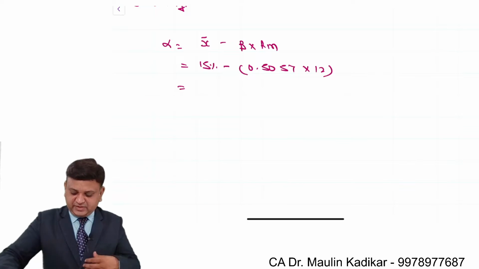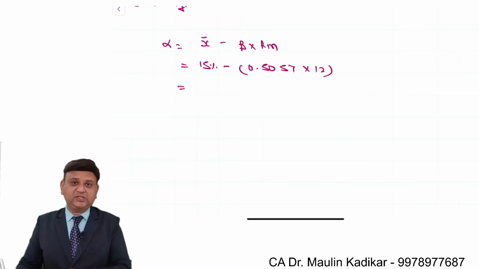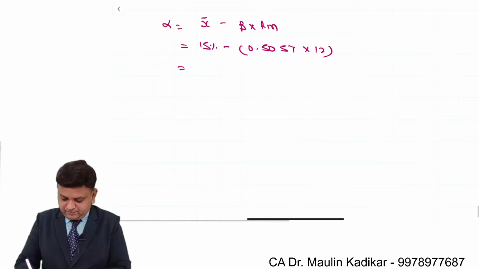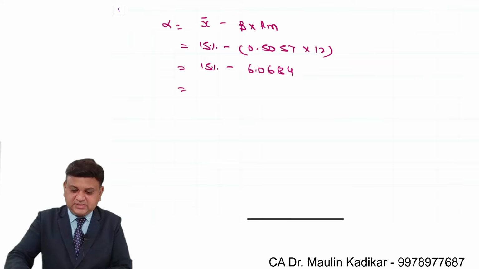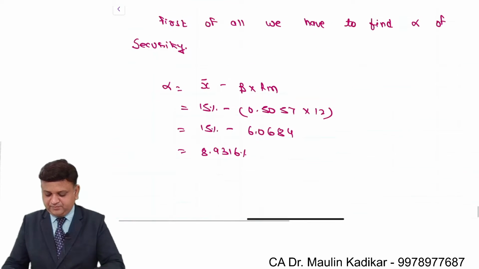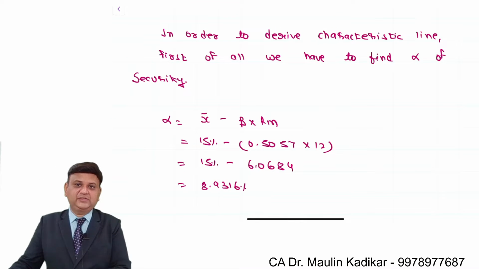That is the way the alpha is found. 0.5057 into 12, that is 6.0684. That is deducted from 15, so 8.9316 percentage. This is the way the alpha is found.